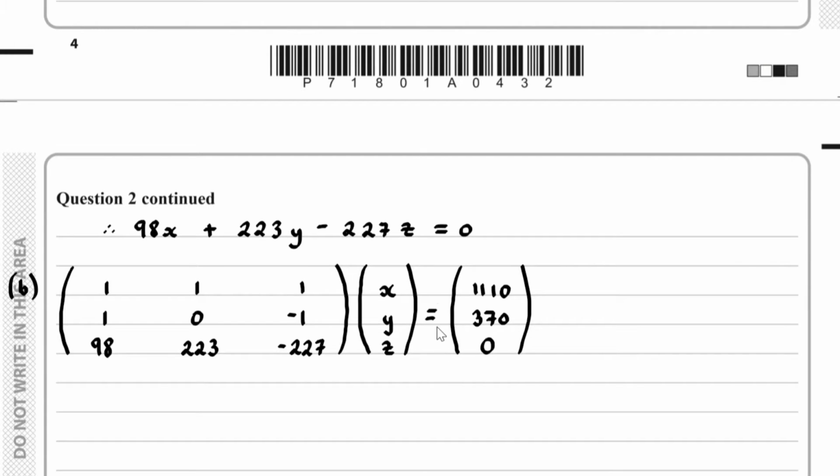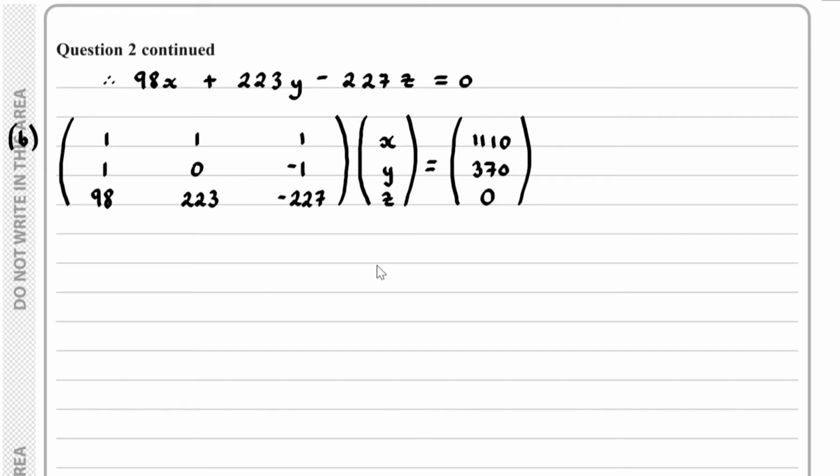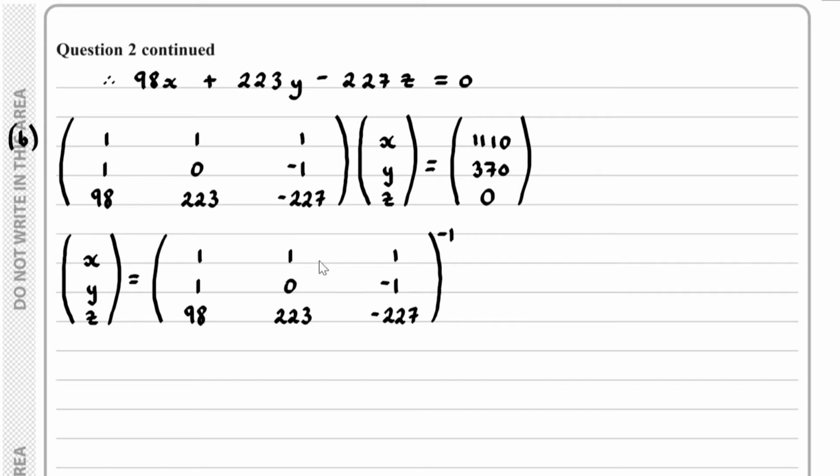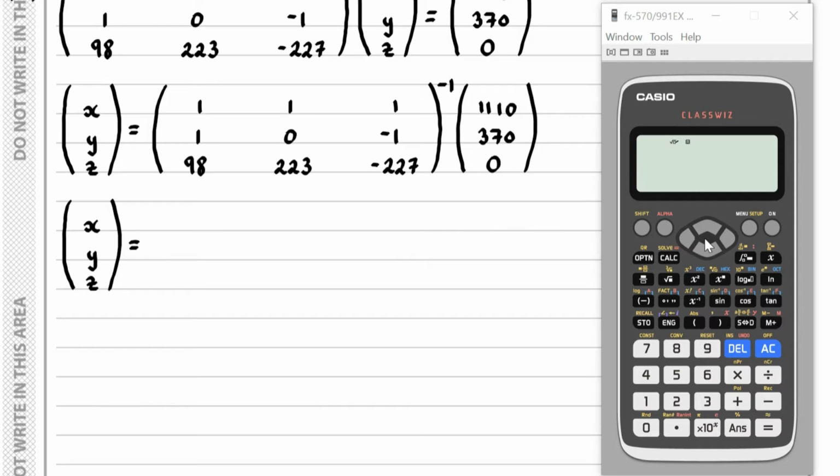And so what we need to do is find out what x, y, and z are. So we have x, y, z equaling the inverse of this matrix multiplied by the vector 1110, 370, 0.